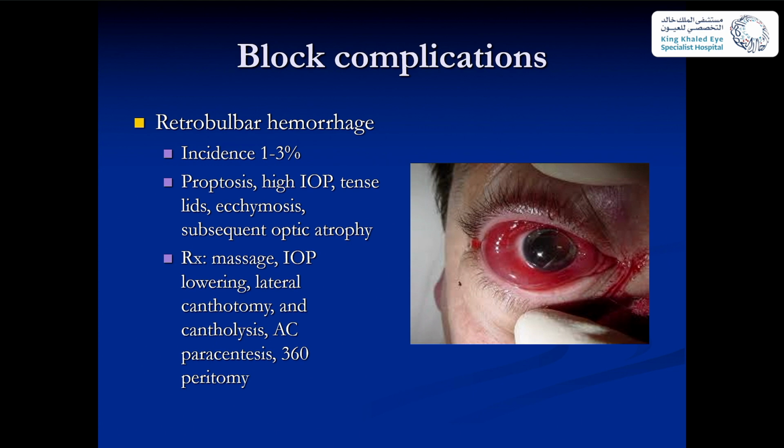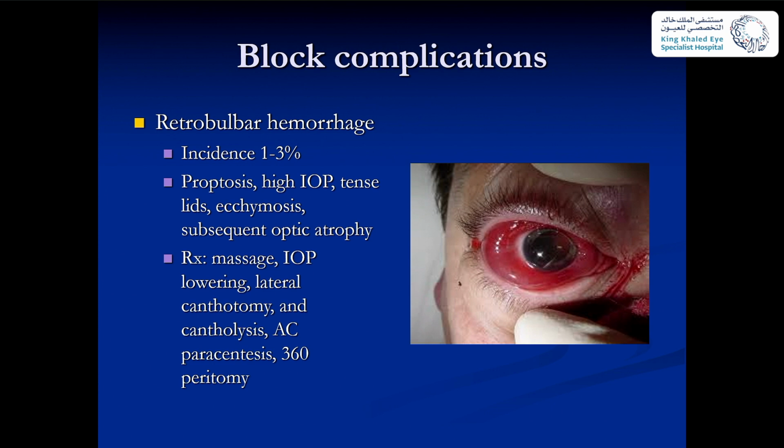So what we do in this situation: we try to massage the eye, trying to lower the intraocular pressure mechanically, and also use IOP lowering agents. We can give mannitol, for example, to lower the intraocular pressure. And we can do lateral canthotomy.